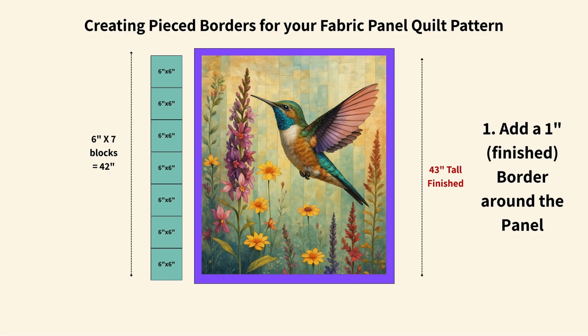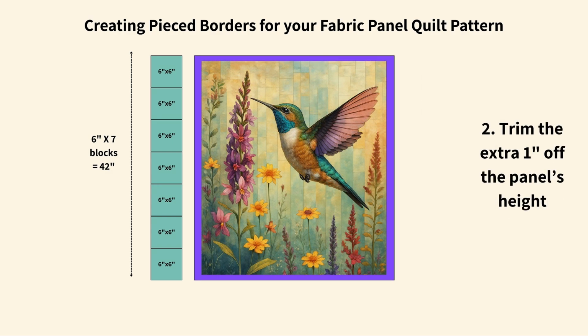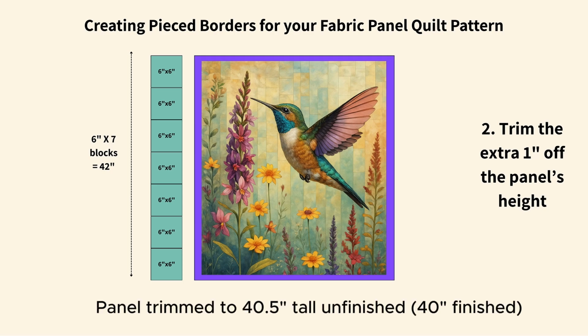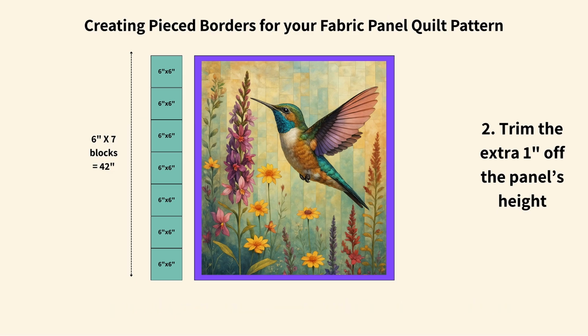Now, our 43 inches still isn't a multiple of 6, and our 7 blocks still want 42 inches. So now we're 1 inch too tall. So the second common technique is to trim the panel area slightly so the math works out. Panels are usually designed so you can trim a little from the top, bottom, or sides to square them up or fit a pattern.